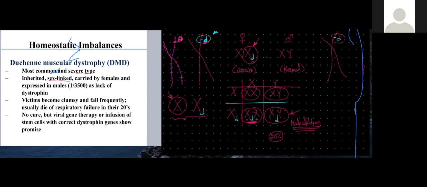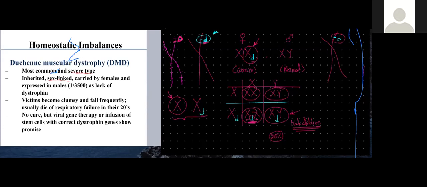If she has the defective gene on only one chromosome, it won't be manifested. For a female to show the disease, she needs to have the defective gene on both of the X chromosomes. So what is the problem here with Duchenne muscle dystrophy? We understand that females will carry the gene, but why is it very unlikely to have a female showing the disease?